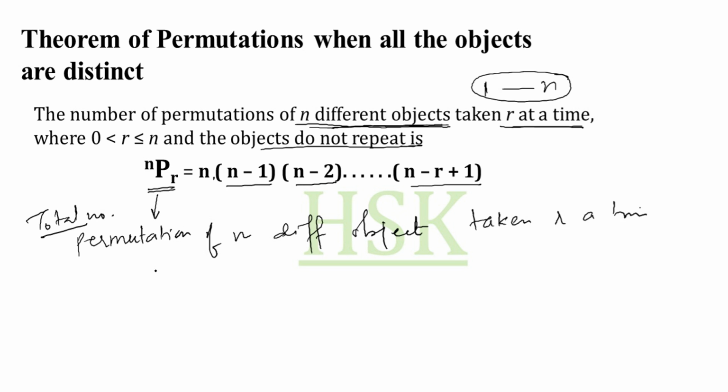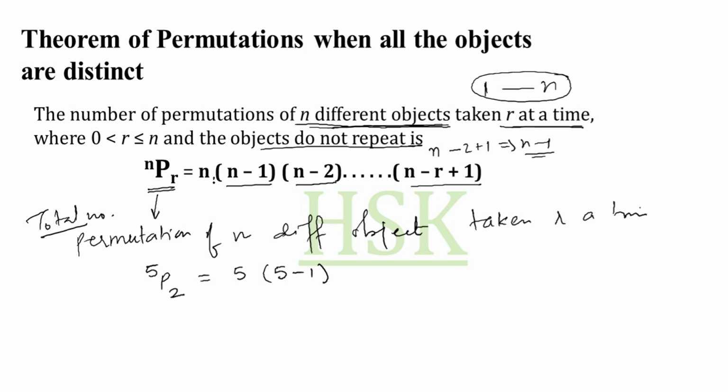So if we have 5 objects and we have to give the formula for 2 objects, then this will be equal to how much? This will be equal to 5 into 5 minus 1, and this will continue up to which term? n minus 2 plus 1, that is n minus 1.